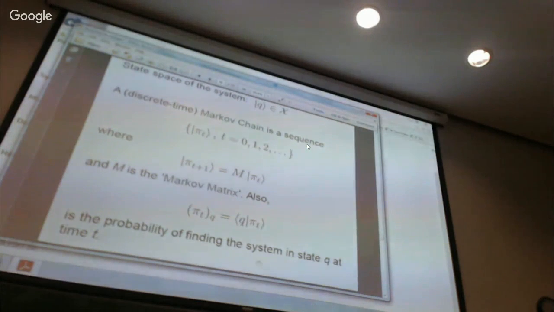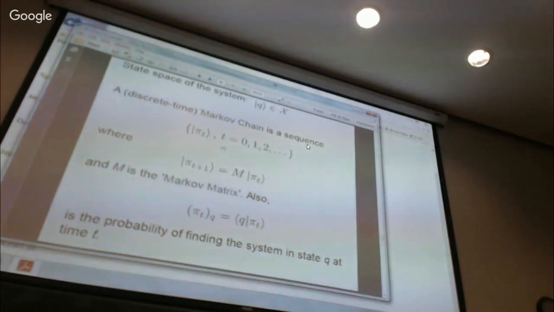If I want, given a current state of the system, the probability that the system is in a particular state, then I have to form this inner product, and that gives me the probability that the system is in a particular state. The Markov chain comes in where I specify how to go from the state of the system at time t to the state of the system at time t plus 1, and that involves this Markov matrix.